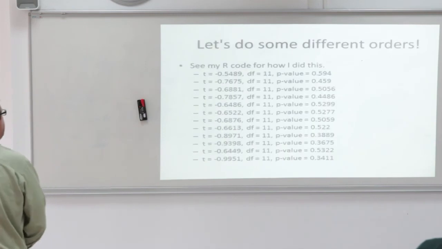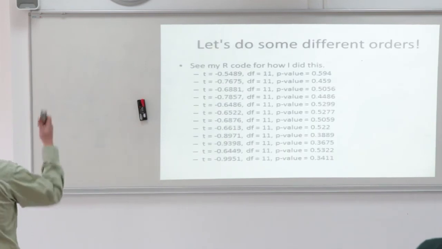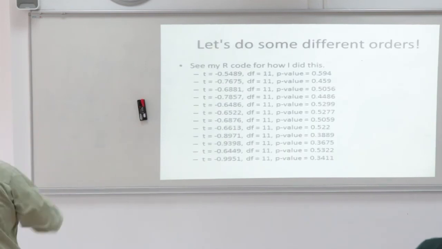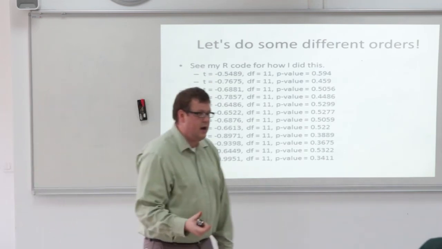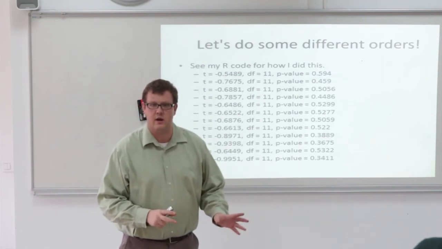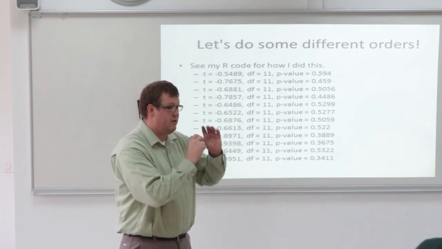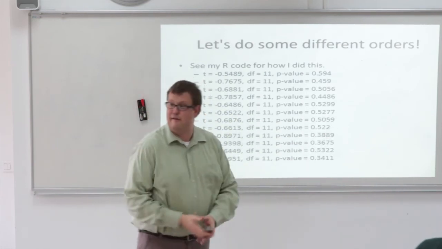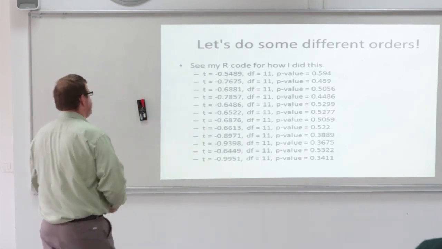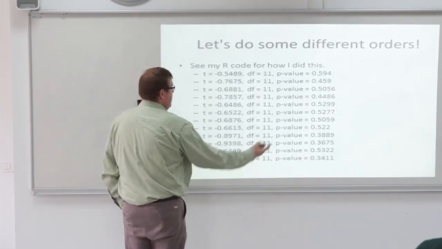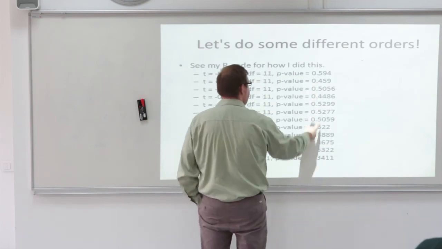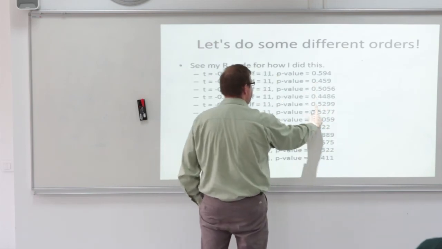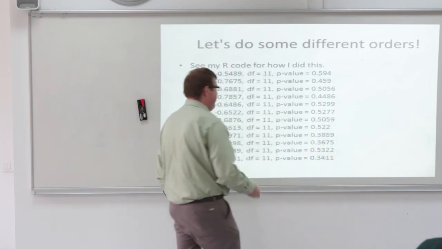Let's take a look. Let's do some different orders. So I did some R code and I did a whole bunch of t-tests on exactly the same data. I just changed the order by using sample on that independent data. I got a new order for the same data. So, p-value of 0.6, p-value of 0.45, 0.5, 0.45, 0.53, 0.53, 0.50.